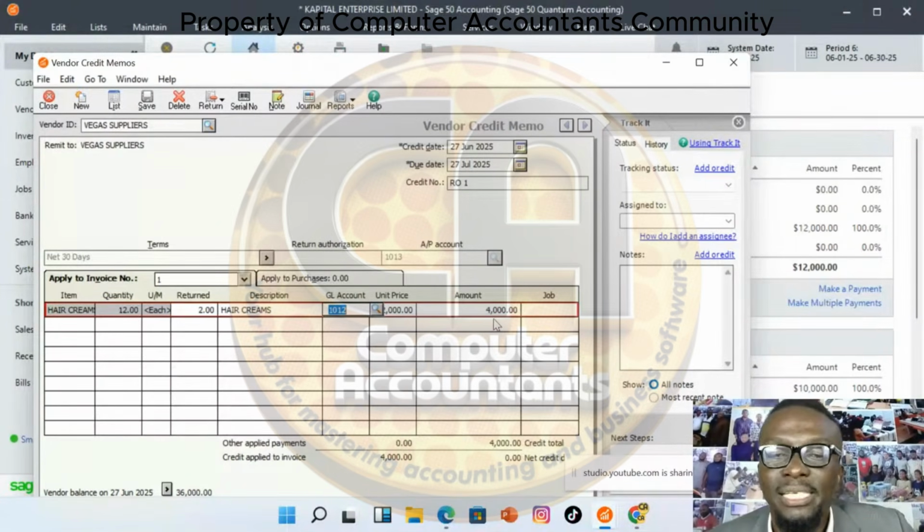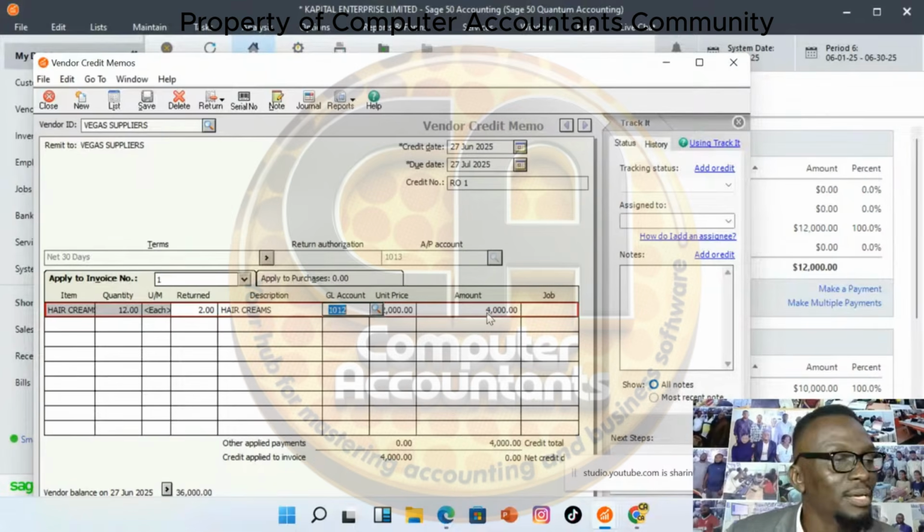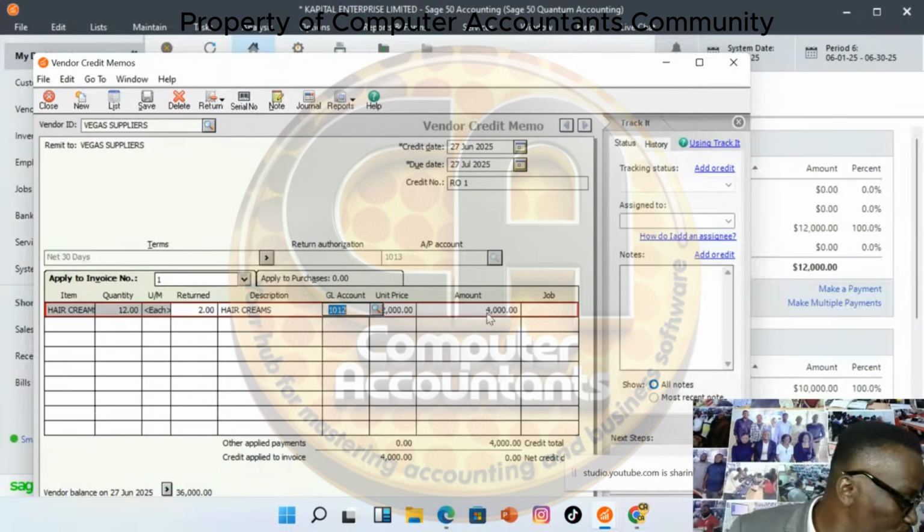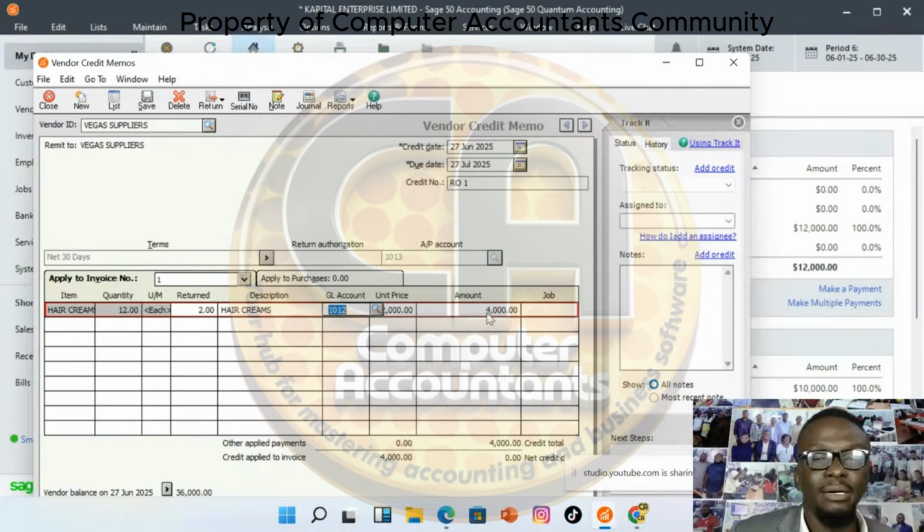So what we are returning is VAT inclusive. So we have to figure out 7.5% of 4,000, because if you are returning the defective goods, it means that the VAT that was earlier calculated on them is null and void. Please note that when you are returning the defective goods, the VAT on those 2 items becomes null and void. So we have to find out the tax value of 7.5% on 4,000.